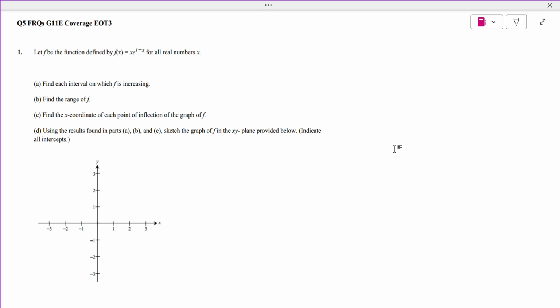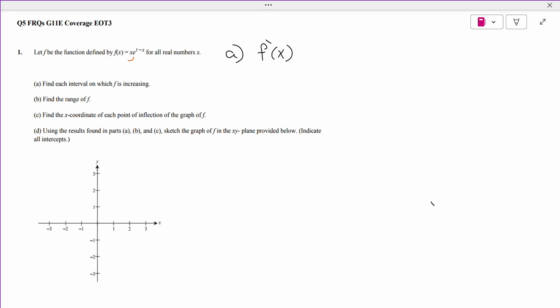To find the intervals on which the function is increasing or decreasing, you have to find the critical points first. So for part A, we need to find the derivative of the function, f prime of x.